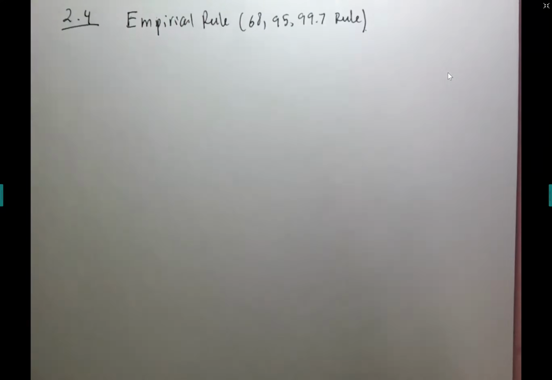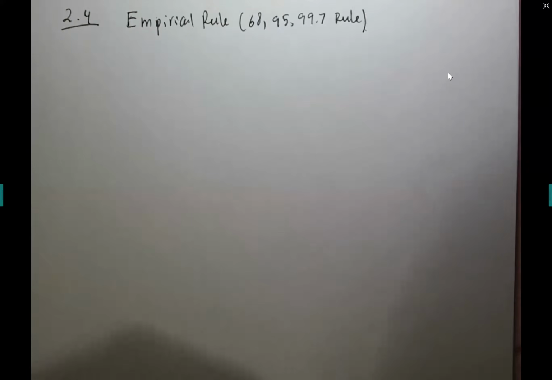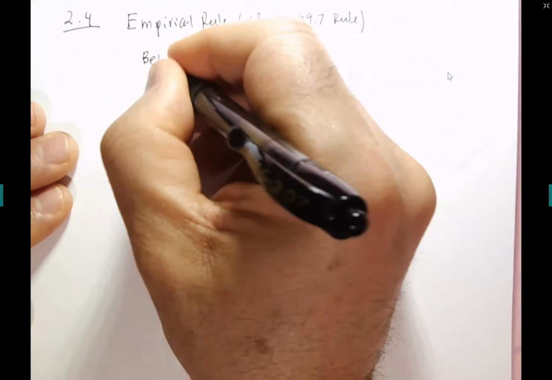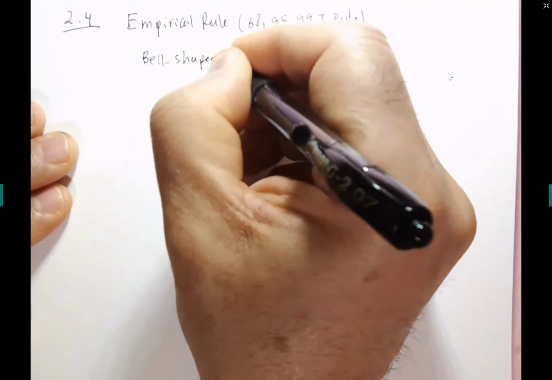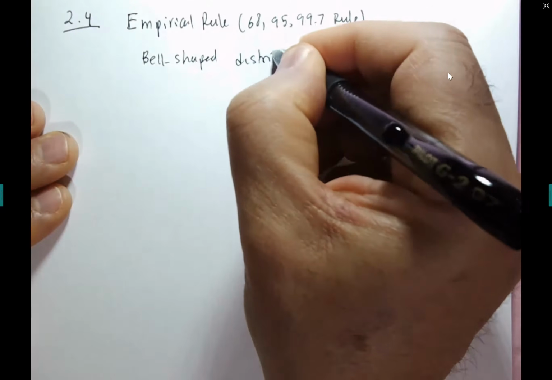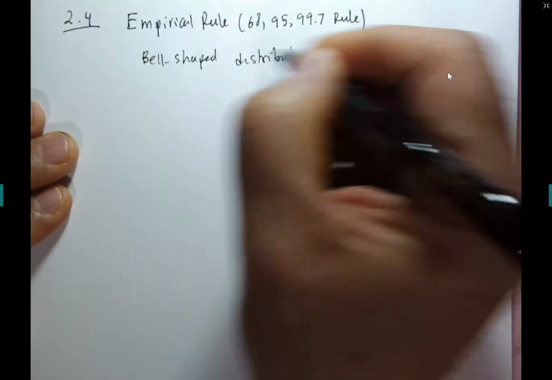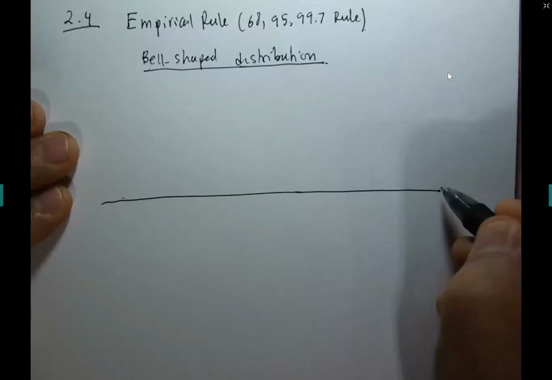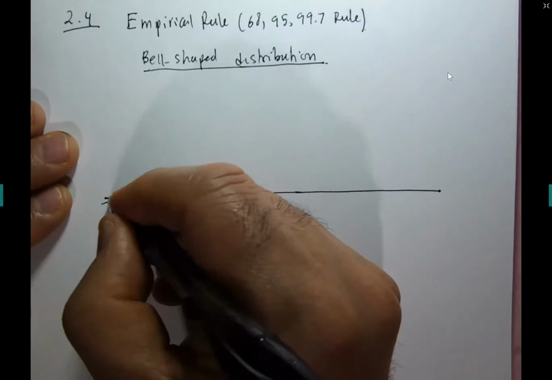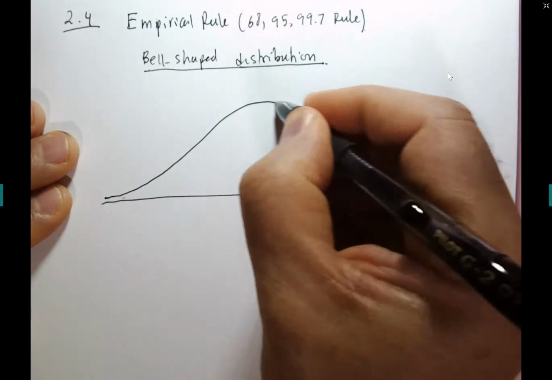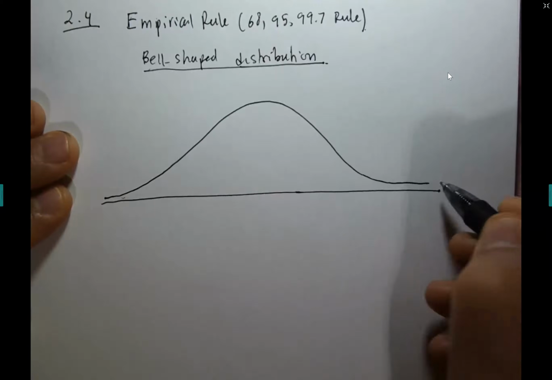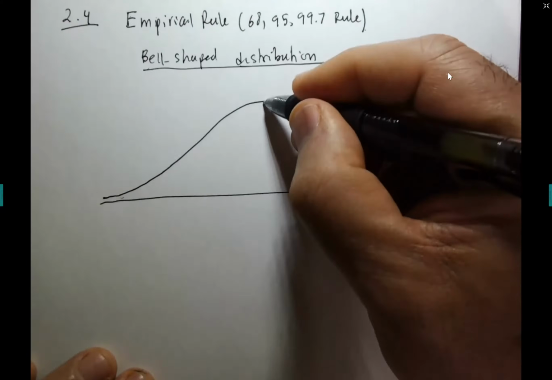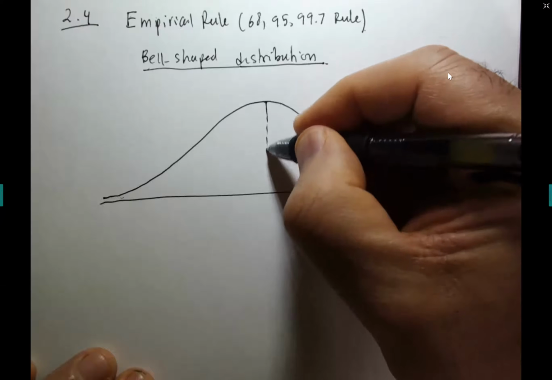So we're going to suppose that we have a bell-shaped distribution, and I'm going to sketch it like that. I'm going to do the bell shape just like this. This is a bell-shaped distribution. And as we said, this will be the mean right here, right in the center, guys.